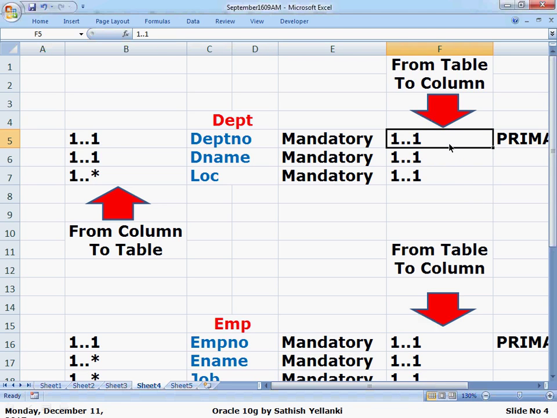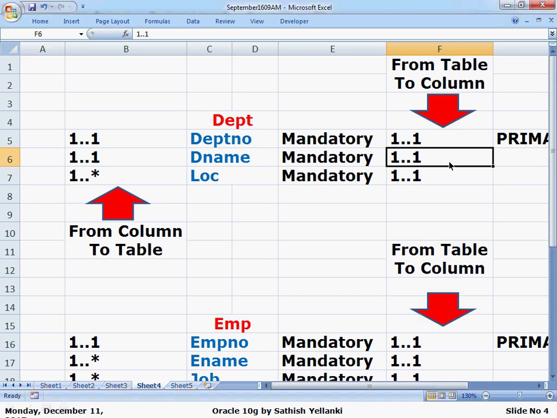So that's how 1 to 1 will come. Should one department be recognized by one department name, or by many department names? Only one department name. So that is also 1 to 1.